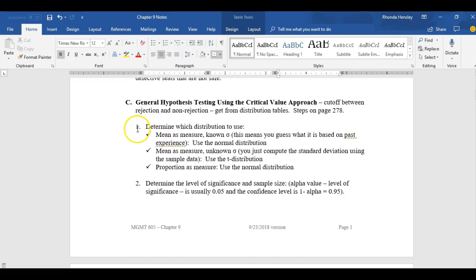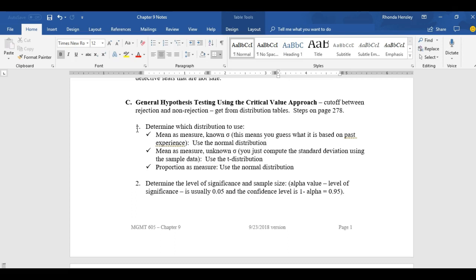First thing I think you need to do is determine which distribution you're going to use. You're taking a single sample, and your measures are either going to be a mean or a proportion. And you remember from chapter 8, if the mean is the measure, and you have a situation where you think that you can estimate the standard deviation based on past experience, then you just put the standard deviation in and that's what you assume.